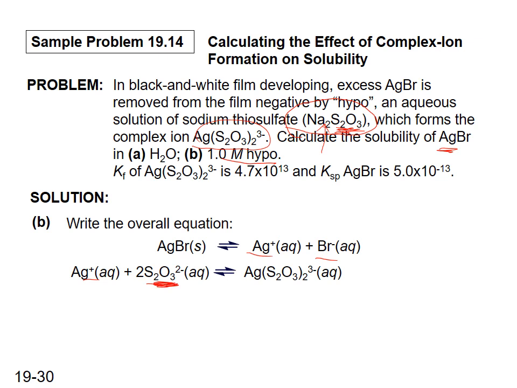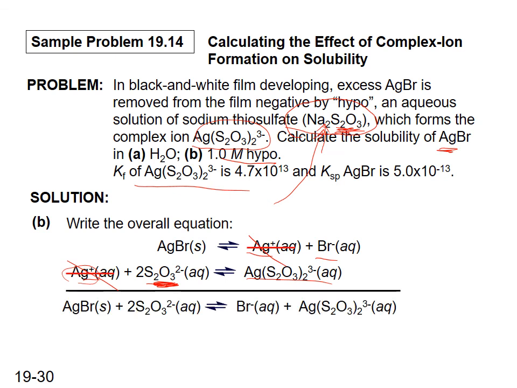So this comes from sodium thiosulfate, but it will combine with silver to form silver thiosulfate. The Ksp is given here. Okay, so that's the two possible reactions, and we can combine them into one reaction. Now, silver is the product in the first reaction, but a reactant in the second reaction, so we cancel it, and this is the overall reaction.